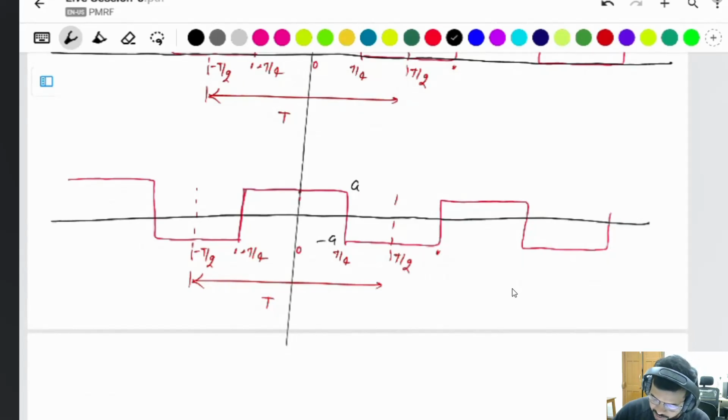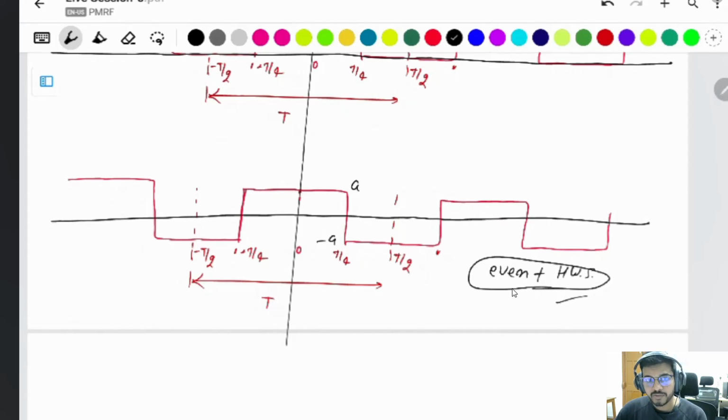This is the even signal and half wave symmetry, but this phenomenon occurs when the signal is clamped by the value of A.